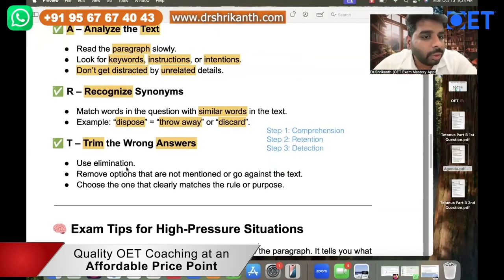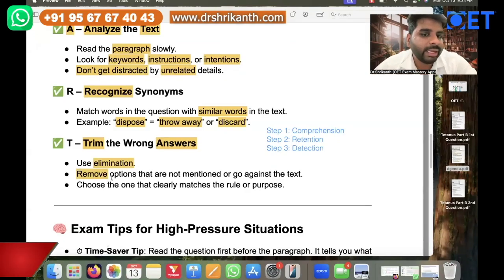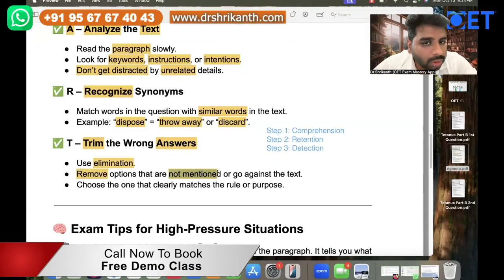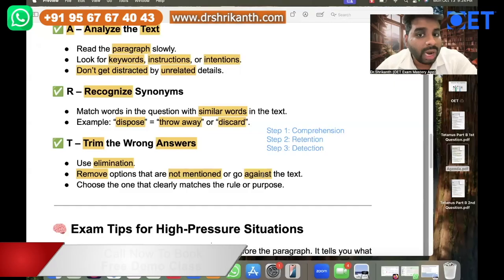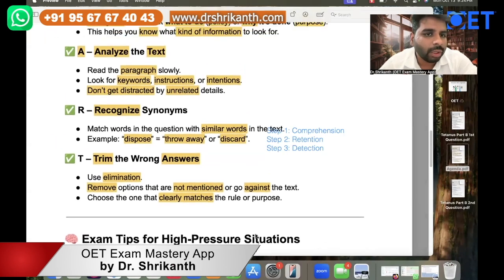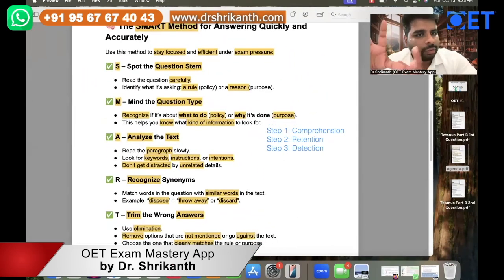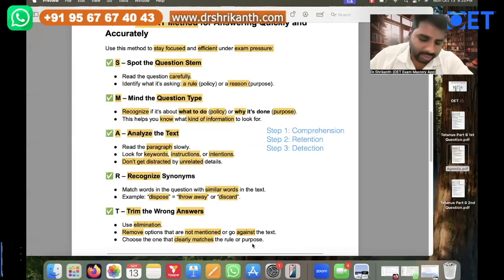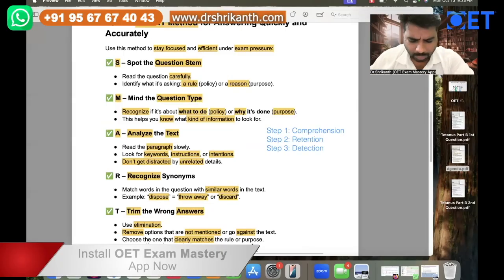You must bring in your elimination skill, right? You must eliminate the incorrect answer options one by one. So remove the answer options that are not mentioned or which go against the text, right? And then choose the one that clearly matches the rule or purpose. So this is what we call the smart approach. For both these questions, we'll be discussing this particular strategy here.